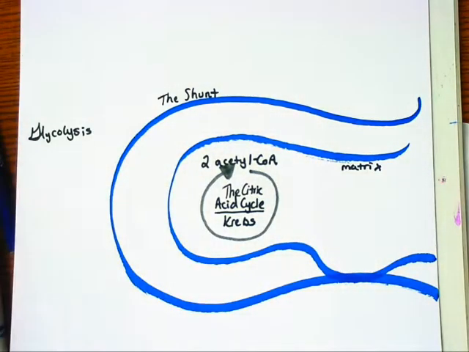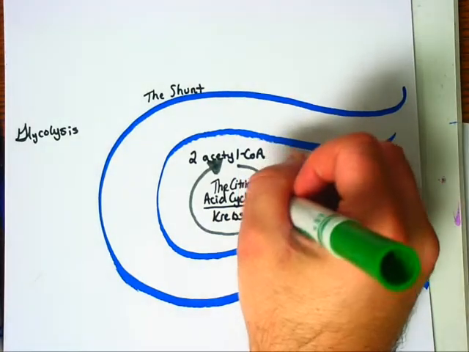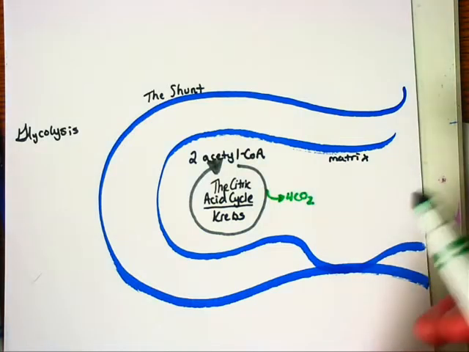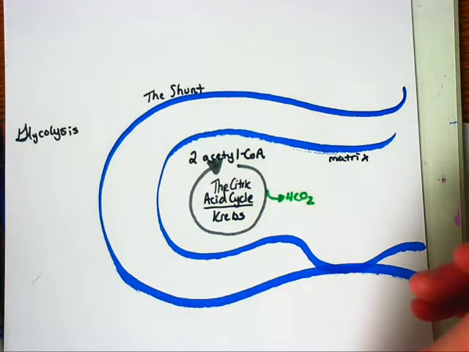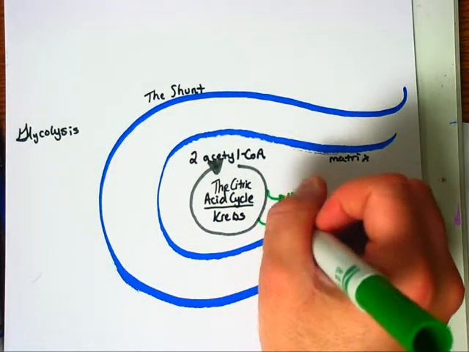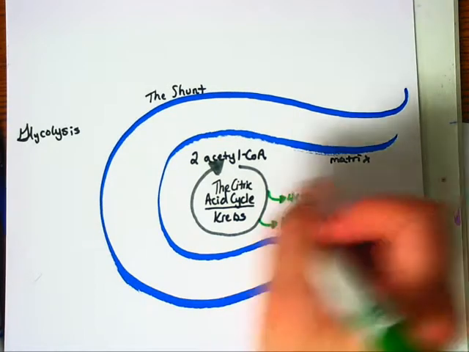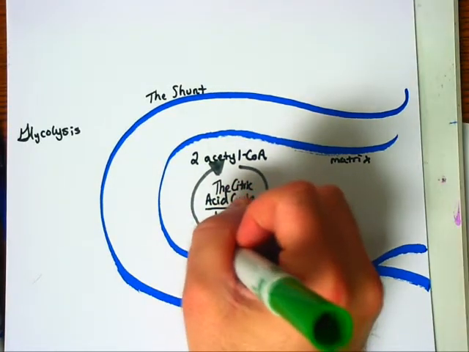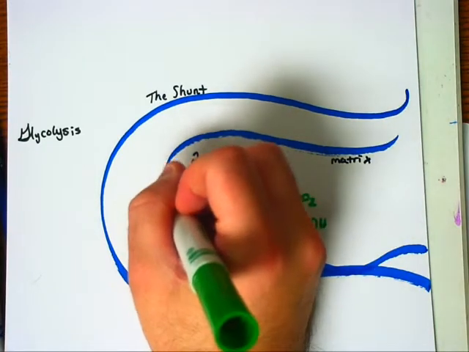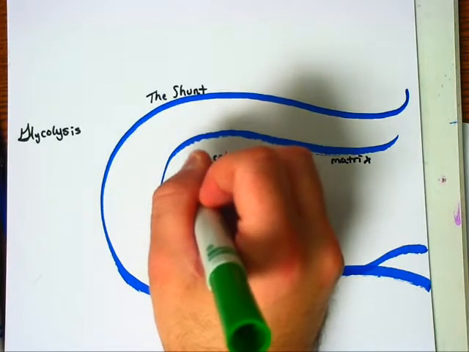So this would be a point in time where it's valuable to finish the job. To do so, I'm going to release 4 CO2s. Now I've produced 6 carbon dioxides along the way. We produce 6 NADHs, 2 ATPs, and 2 FADH2s.